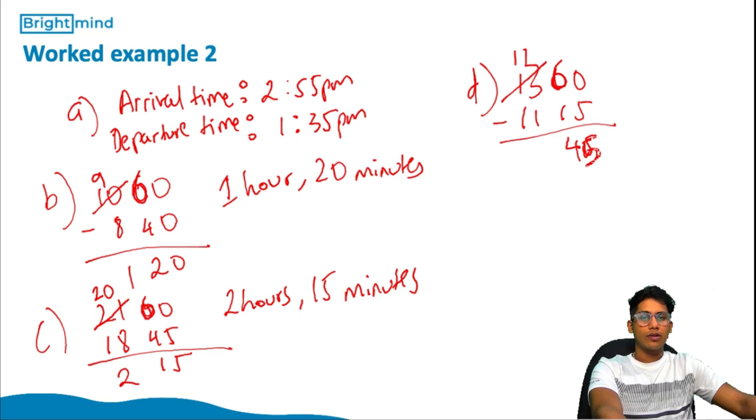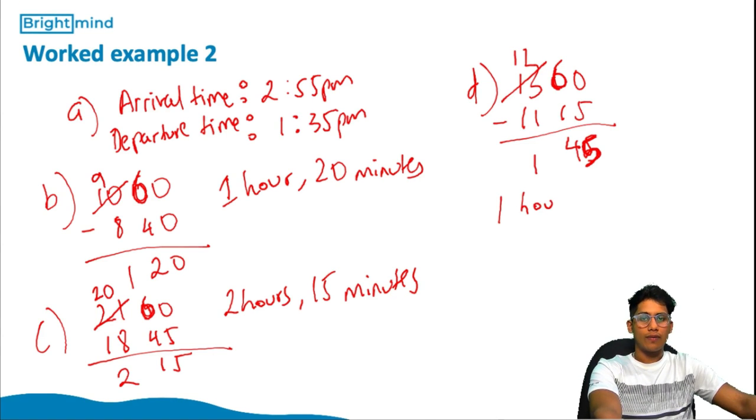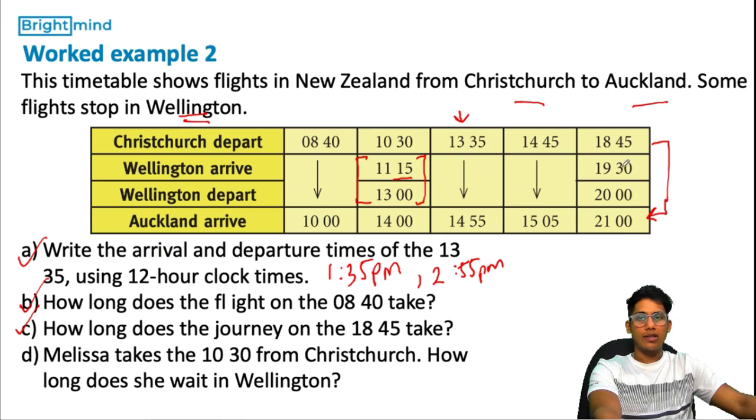So it's 45. And then we have 12 over there. 12 minus 11 is 1. Okay, so actually she waits for approximately 1 hour and 45 minutes. So she has to just sit at the Wellington airport and just wait until the flight departs to Auckland.